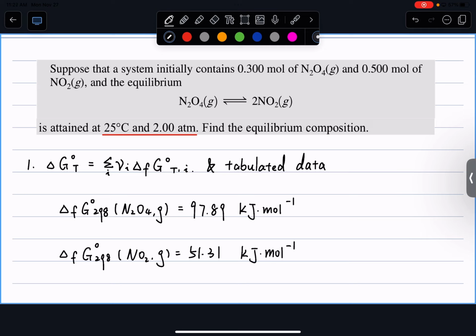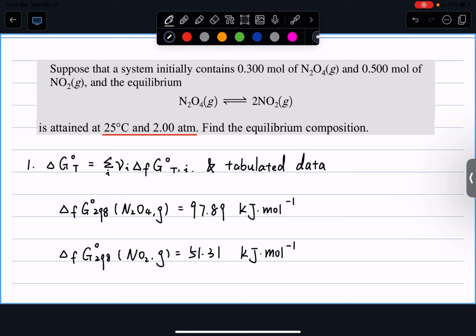You have that to be 0.176 mole. So there is a problem here. When you have two solutions of your quadratic equation, only one of them is possible. If you remember in our initial condition, we only have 3 moles of your N2O4 available as a reactant. So we have to cross this out because we don't have enough starting material in there.